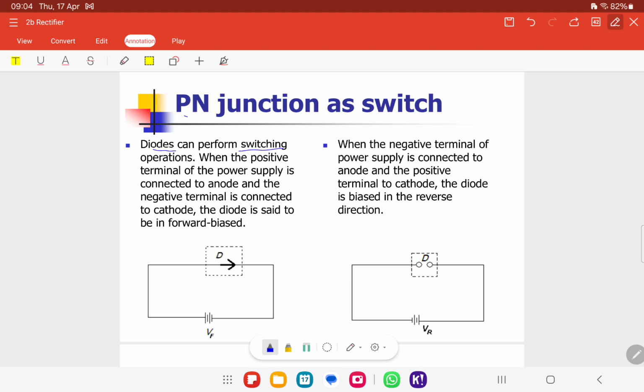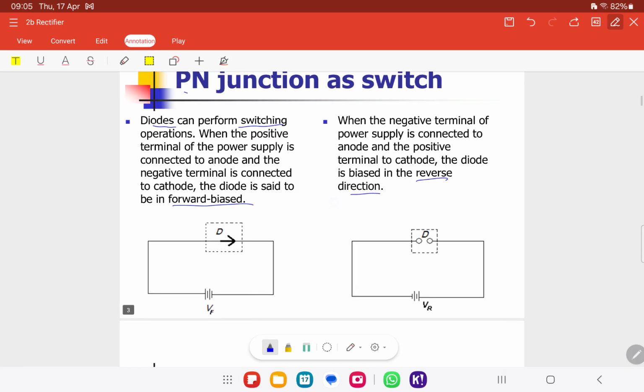Okay, we can use either forward bias or reverse bias. Okay, function as switch. If it is forward bias, meaning that it is closed circuit or on condition, the current can flow. Alright, so this is where the diode is in forward bias. So we have the diode kat sini lah sebenarnya.